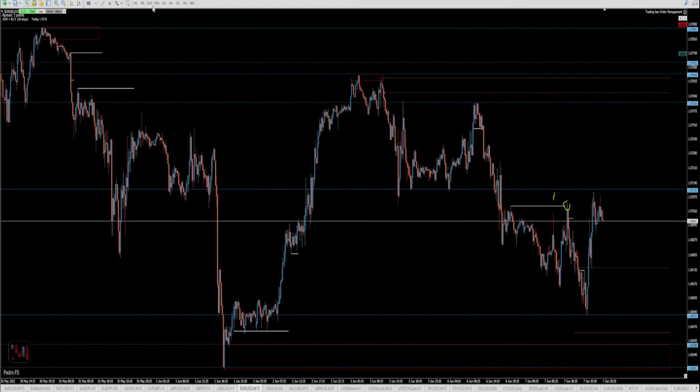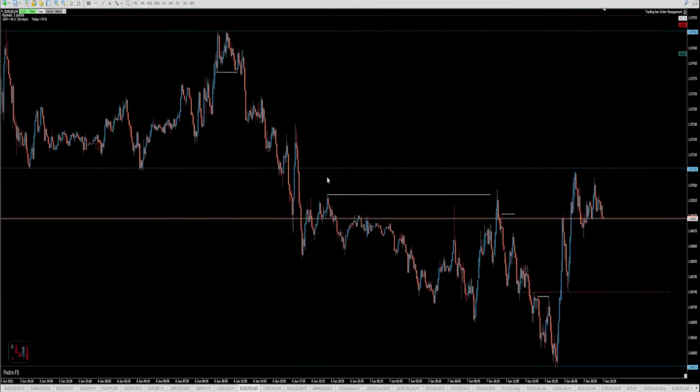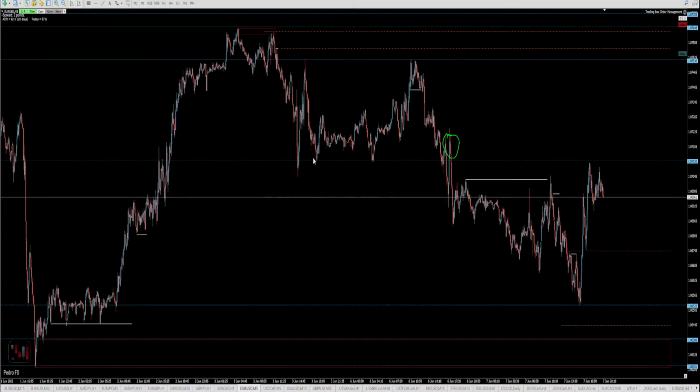Price then didn't really get to the other zone, at least closer to this high, this previous level of support, resistance, somewhere in there. So we just made this engulf to the upside. After that we compressed.